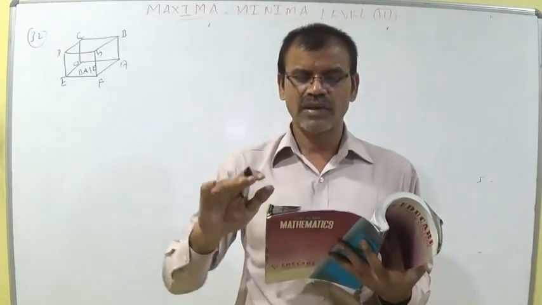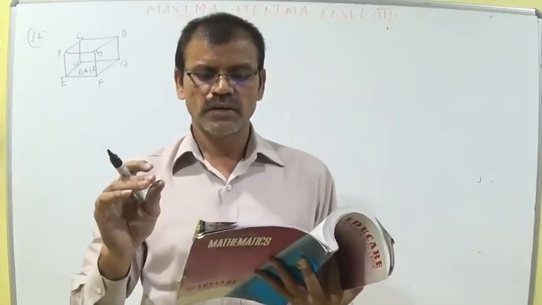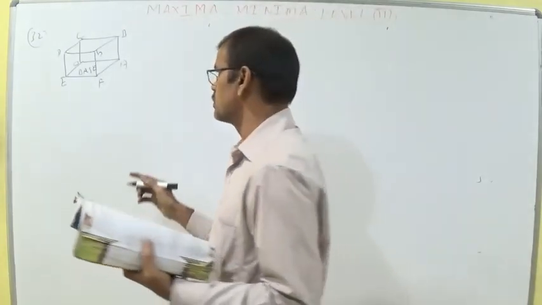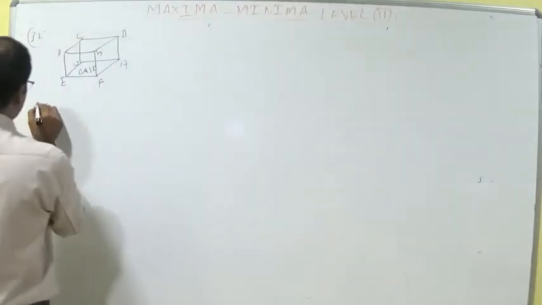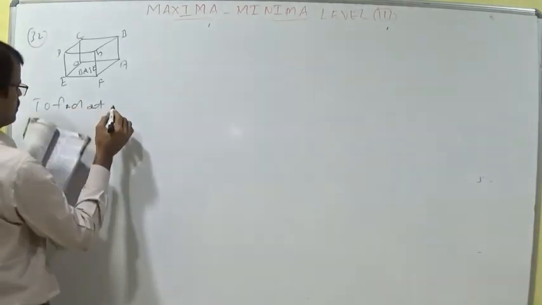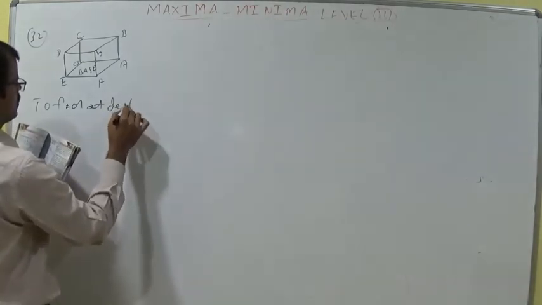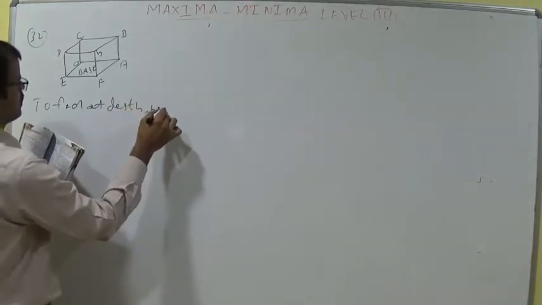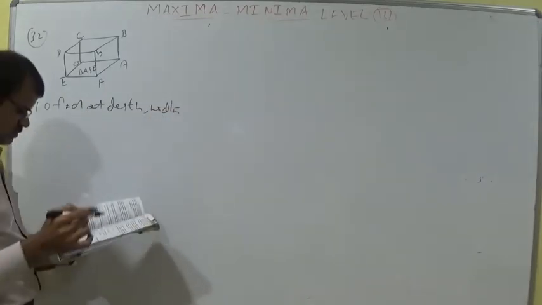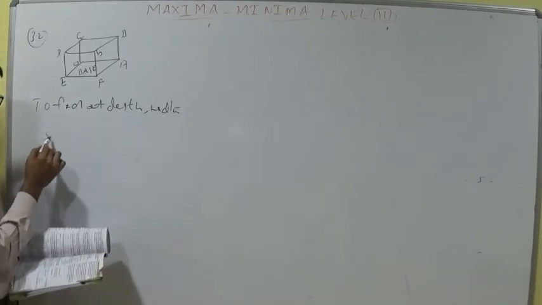The expense of lining the tank with lead is least when the ratio of the depth and the width is to be found. To find out depth and width, I am writing the same as the 30th question.